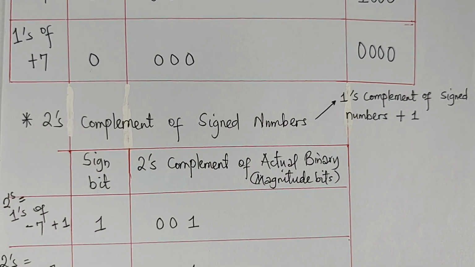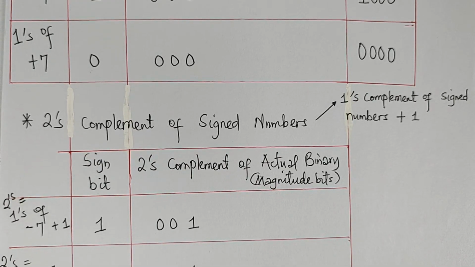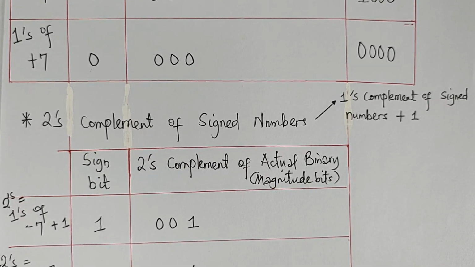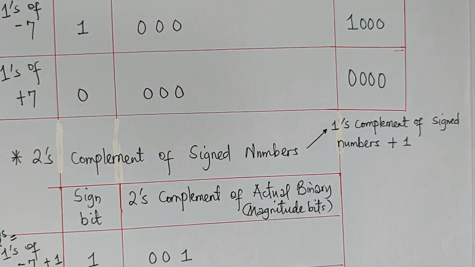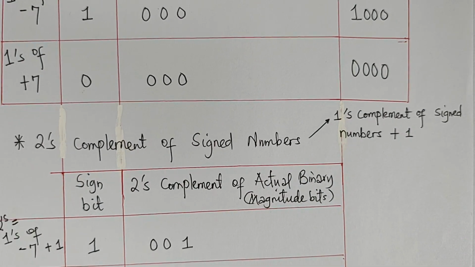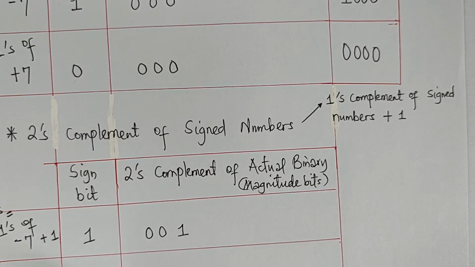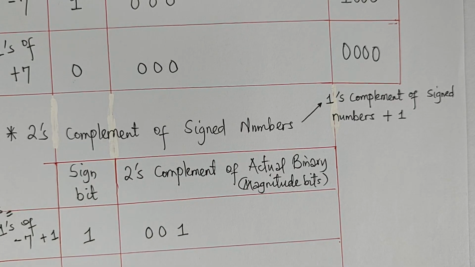Since the first complement for minus 7 gave us 1, 0, 0, 0, if we add 1 to it, we are just going to have 1, 0, 0, 1. Remember, the sign bit doesn't change.